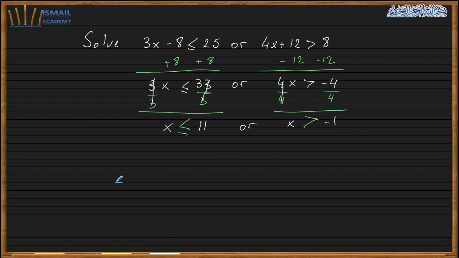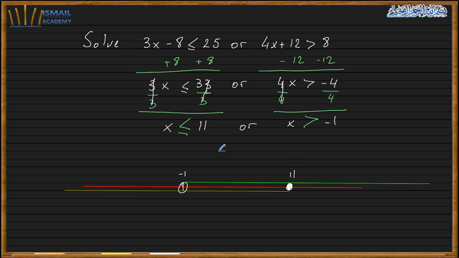Now in my number line, I have minus 1 with an open circle, 11 with a full circle. So x is less than 11, so it's going to be in this direction. x is greater than minus 1, it's going to be in that direction.